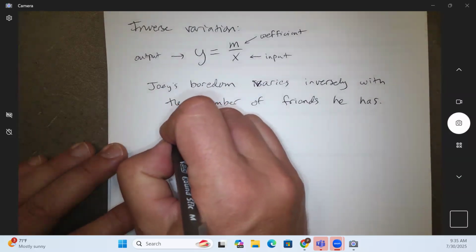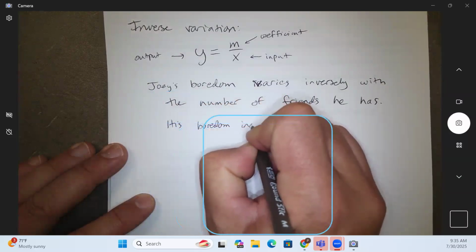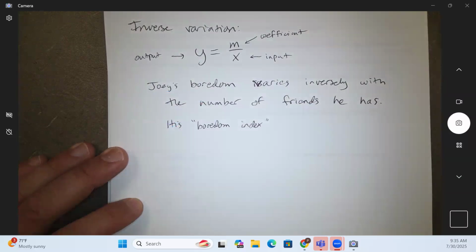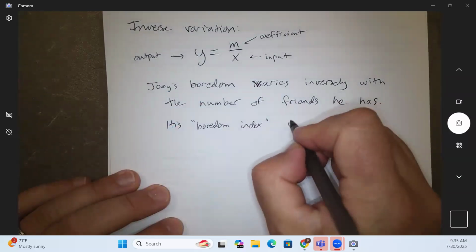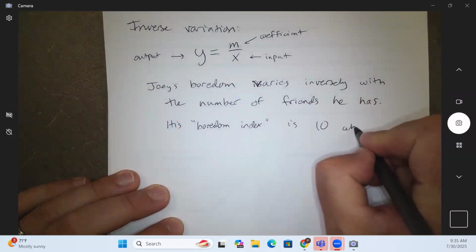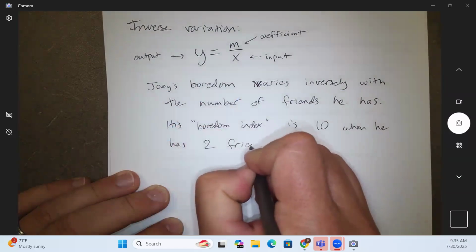So his boredom index, right, just some random number to kind of give you a sense of how bored he is, is 10 when he has 2 friends.